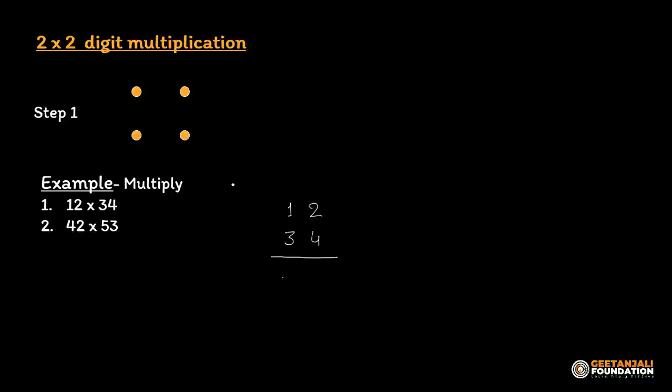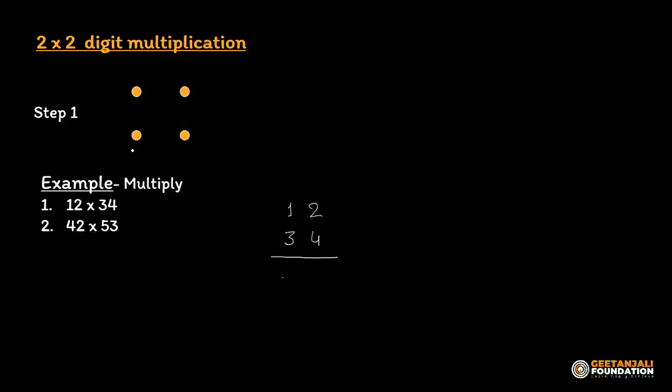So 4 is the unit place digit and 3 is the tens place digit. This is your first column, with the unit place digits, and this is the column with the tens place digits. So here this is 2, this is 4, this is 1, and this is 3.